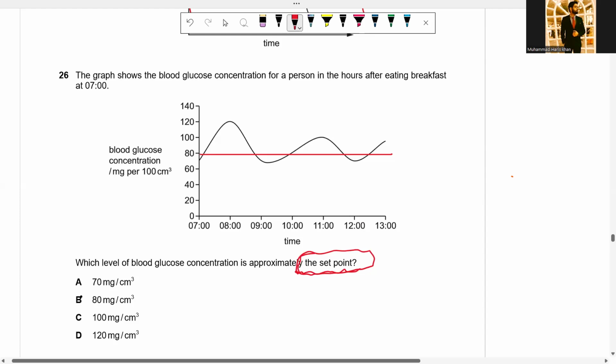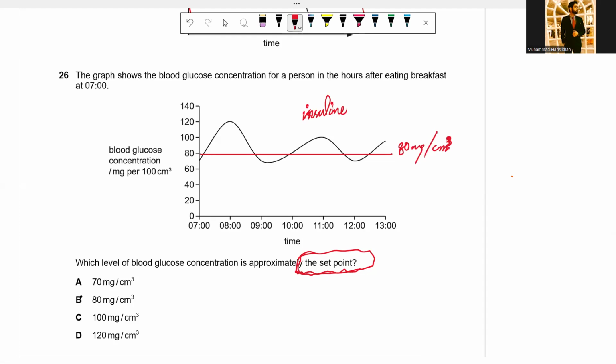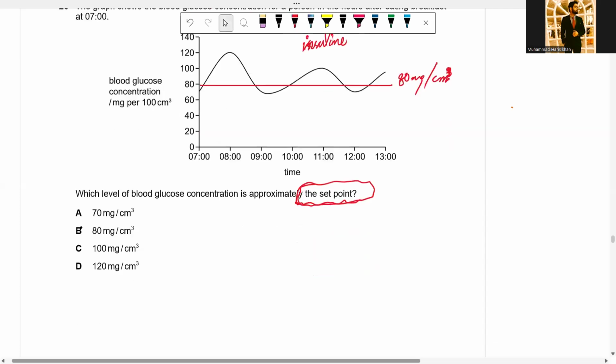It is a set point of the blood glucose concentration because the insulin and other secretions in your body help in maintaining the glucose concentration of the blood. So the midpoint is 80 milligram per cm cube, because at this point this is a set point, and we have to maintain this concentration in the human body.